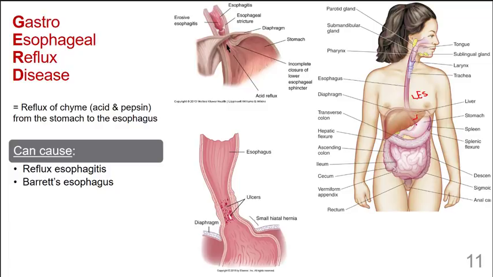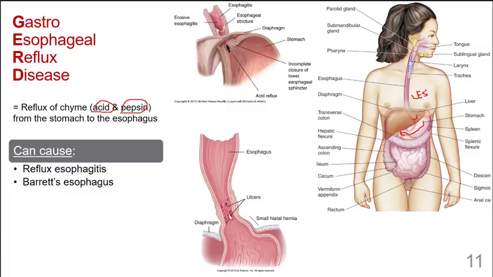Very powerful, strong digestive enzymes, acid and pepsin, are going to be breaking down the food. But the stomach is designed to deal with that. It has, you might remember, mucus secreting cells that help protect the lining of the stomach from these very powerful digestive enzymes. And then the food, referred to as chyme at this point, will leave through the pyloric sphincter and enter into the small intestine, where we know most absorption takes place.